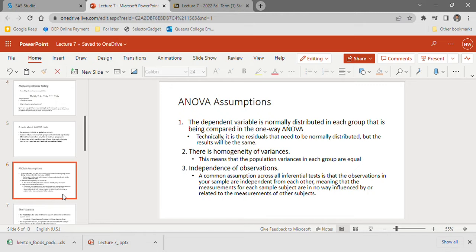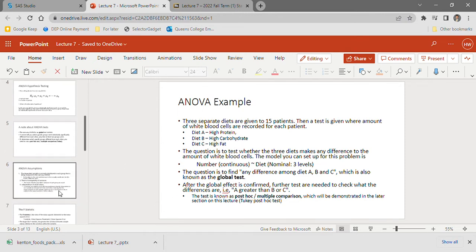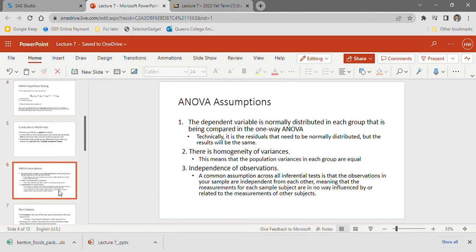So going back to our diet example, the folks who are having high protein are not having high protein and high carbohydrate, right? They're not having high protein and high fat. The high protein group is the high protein group. There's no cross talk between the other ones. The high protein group can't end up in the high carbohydrate group and such. There's independence, right? These are three very separate groups that we're talking about here. All right.